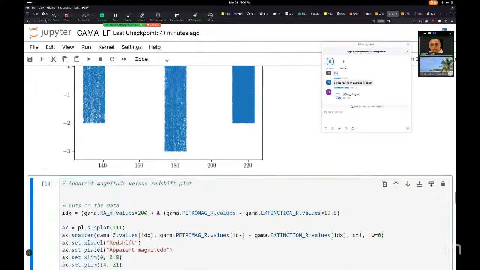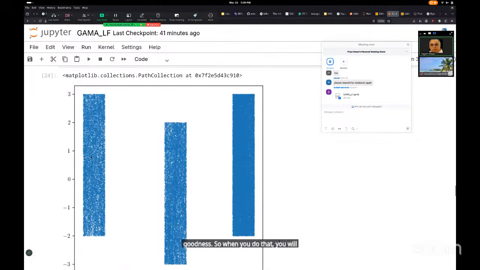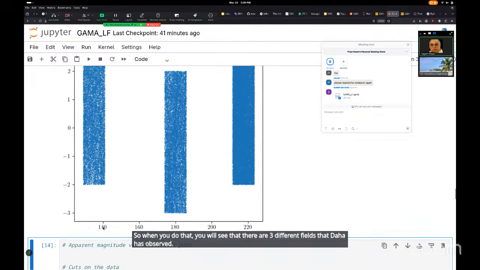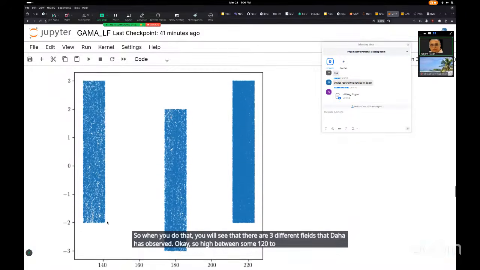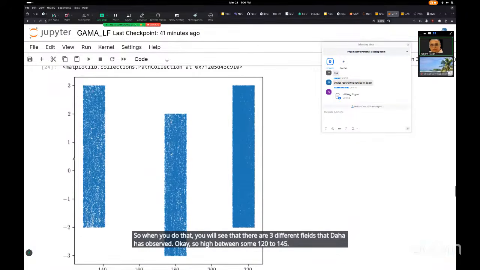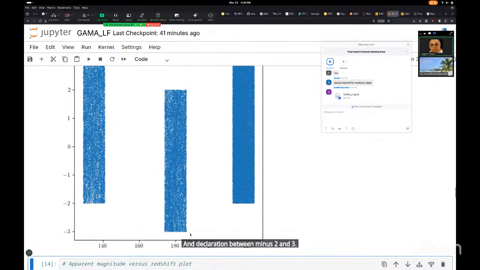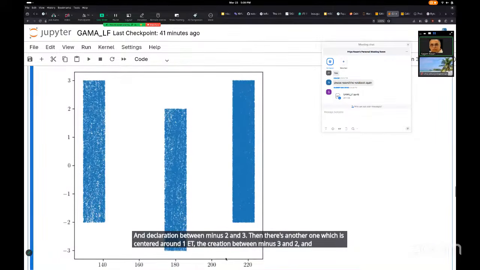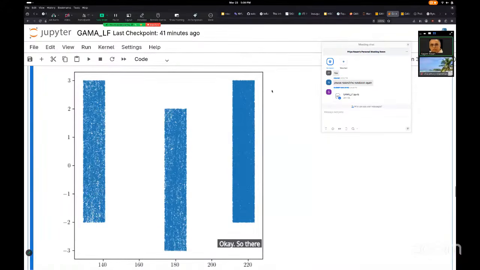Okay. So when you do that, you will see that there are three different fields that GAMA has observed. RA between some 120 to 145 and declination between -2 and 3. Then there is another one which is centered around 180, declination between -3 and 2. And then another one from 210 to 230 or something, and declination between -2 and 3. Okay. So there are these three different RA-Decs.